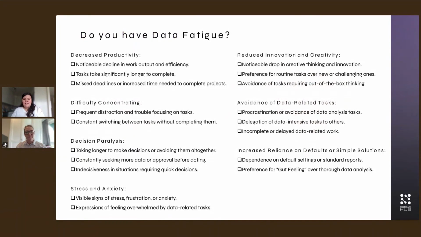So right now, on your screen, you can see a little bit of what happens to a user when they have data fatigue. I'm not going to read all of them, but please check them out. See if you have suffered this or someone in your organization has suffered from it. For example, decision paralysis is one of the biggest things provoked by data fatigue, as well as stress and anxiety.